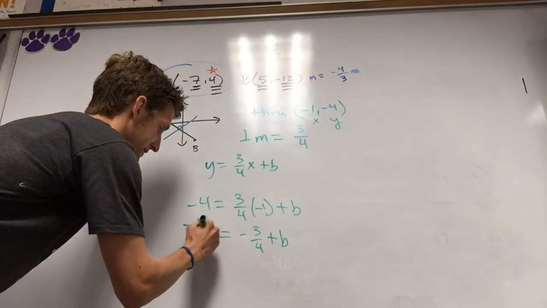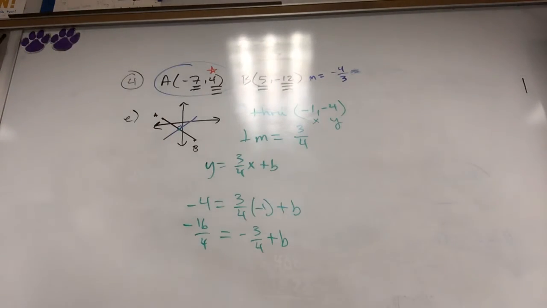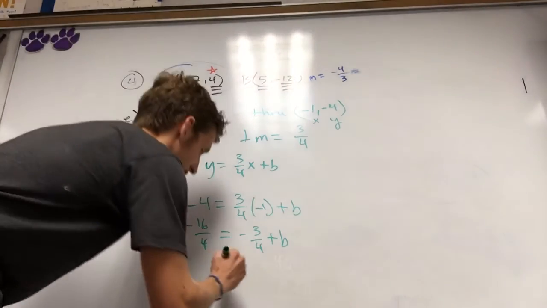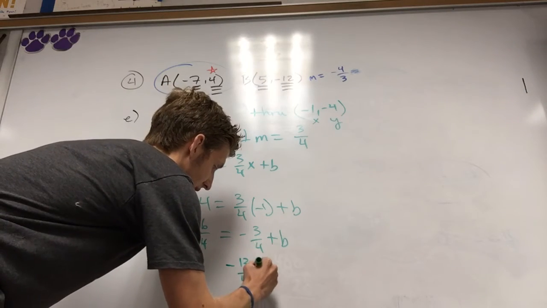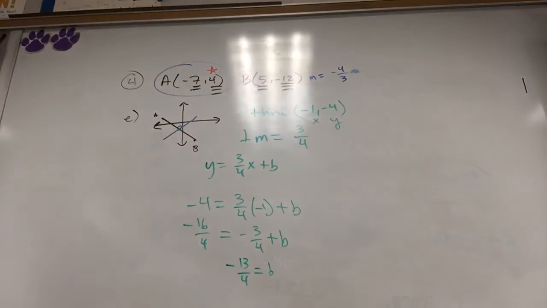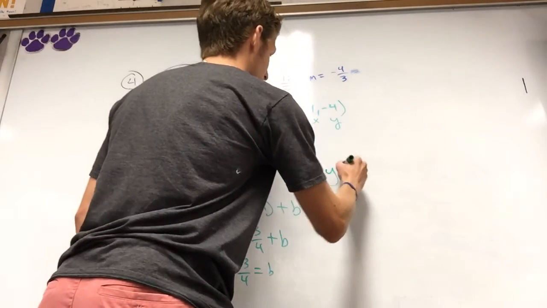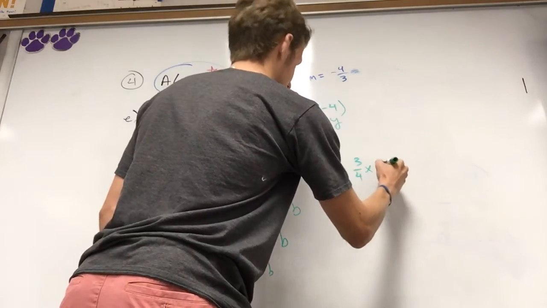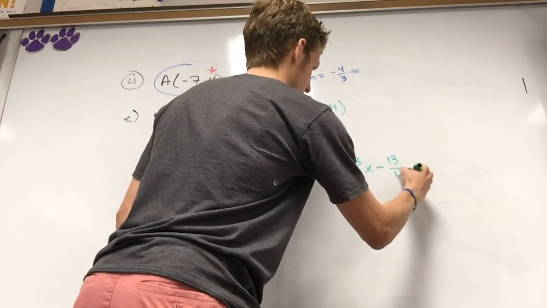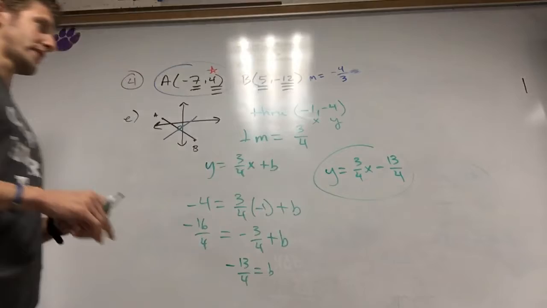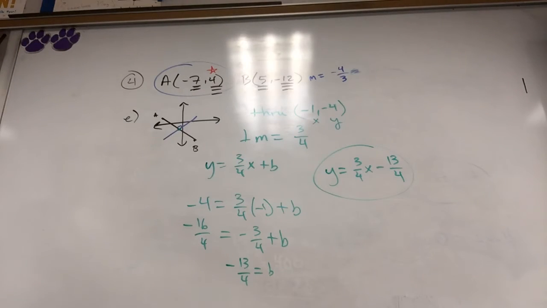This is a -16/4. And add 3/4 to both sides. My y-intercept would be -13/4. So my equation would be y equals 3/4 x minus 13/4. Great. This is a great question overall.